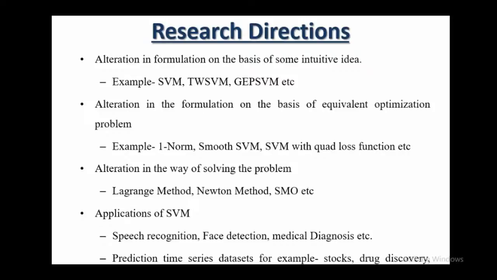Many researchers are replacing the loss function, so they apply different kinds of loss functions instead of the ones in this particular case. You may apply a Gaussian loss function, a Windows loss function, and so on.